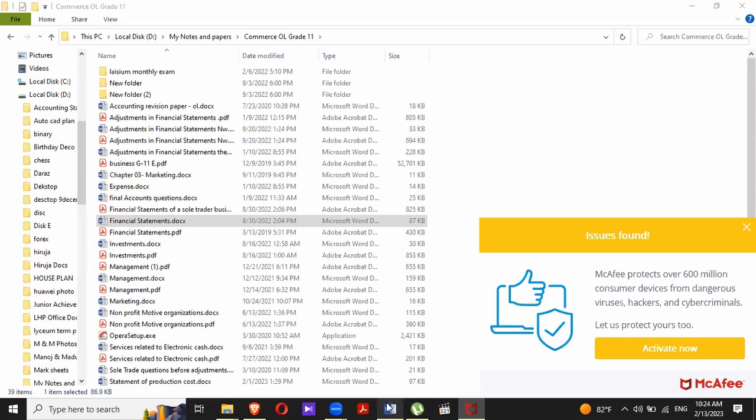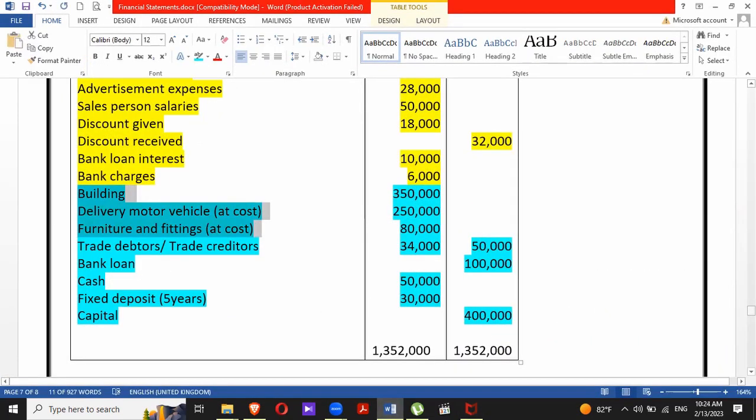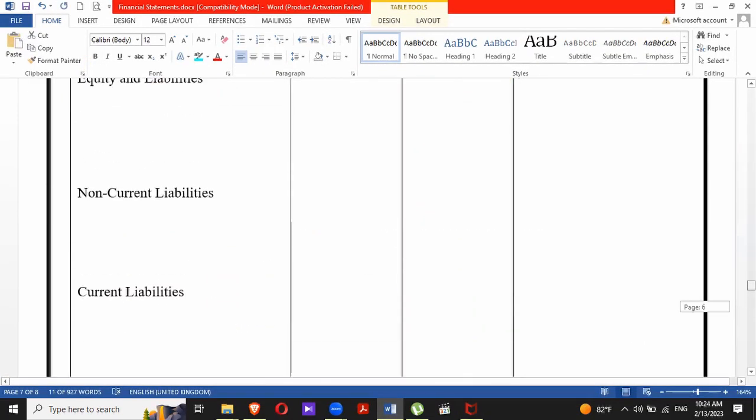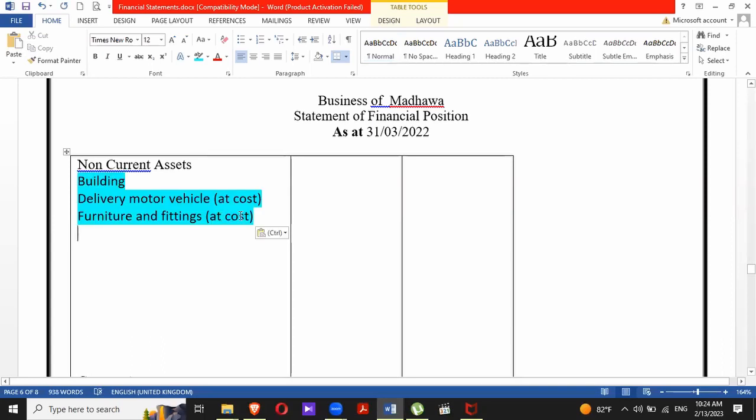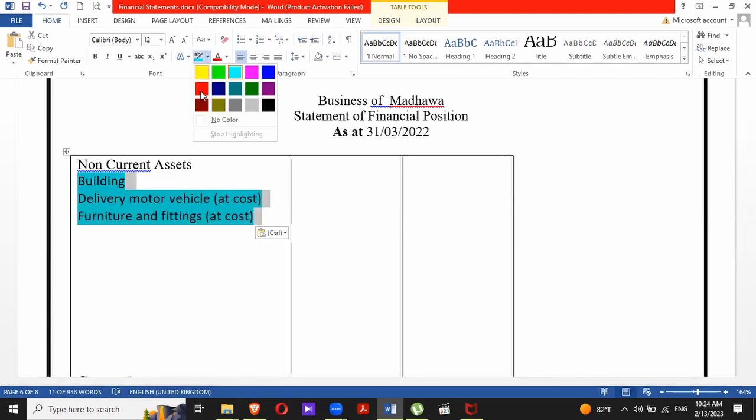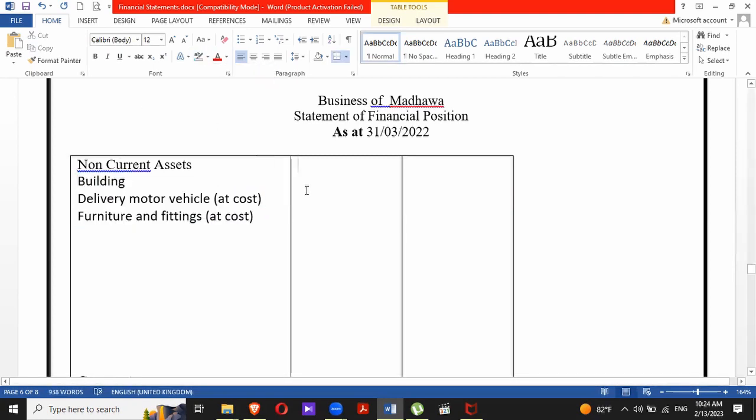Here under non-current assets, we can mention the values of building, motor vehicle, furniture and fittings, right? So here the values are, first one, building value 250,000. Delivery motor vehicle value 350,000. I think furniture value is given as 80,000, right?